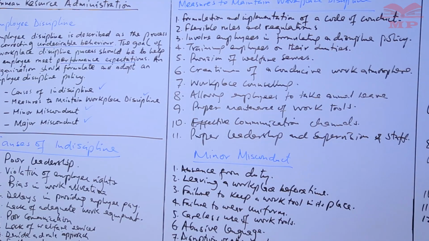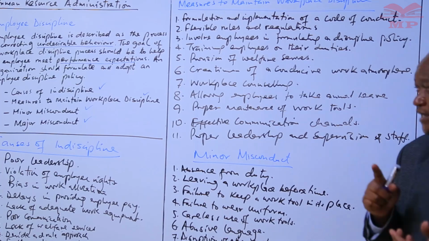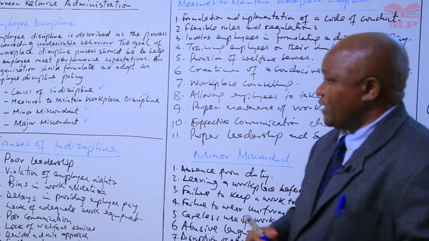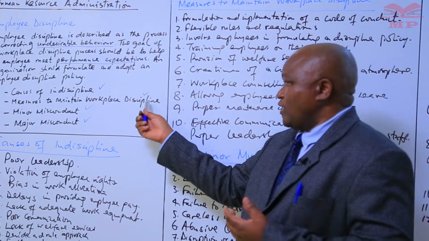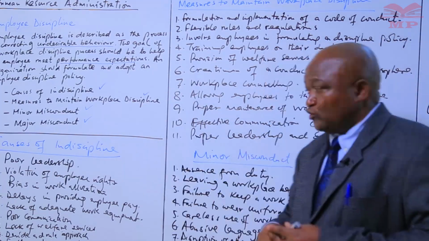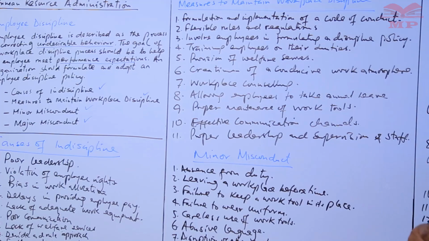And in our lesson today, dear learner, we have looked at the causes of indiscipline in a work environment. We have also looked at measures to maintain workplace discipline. We have also looked at minor misconduct, and we have also looked at major misconduct.